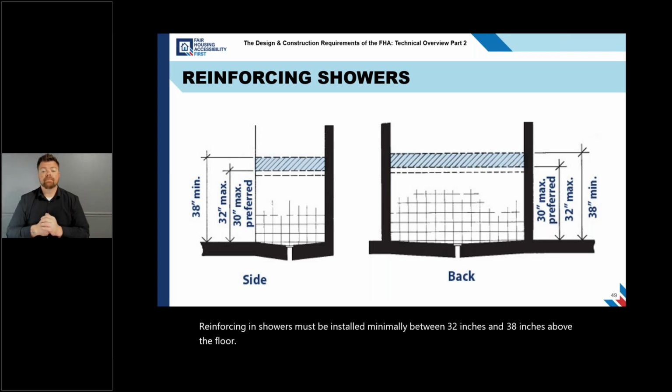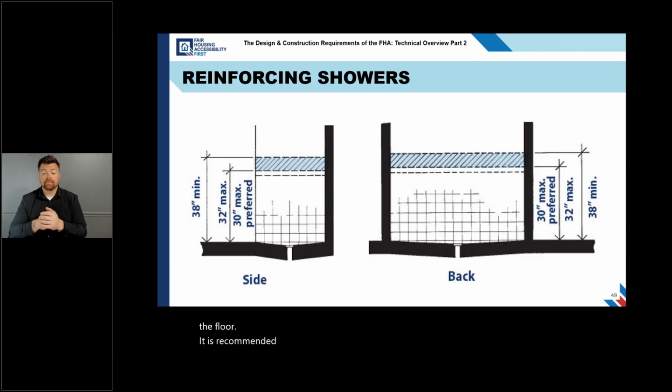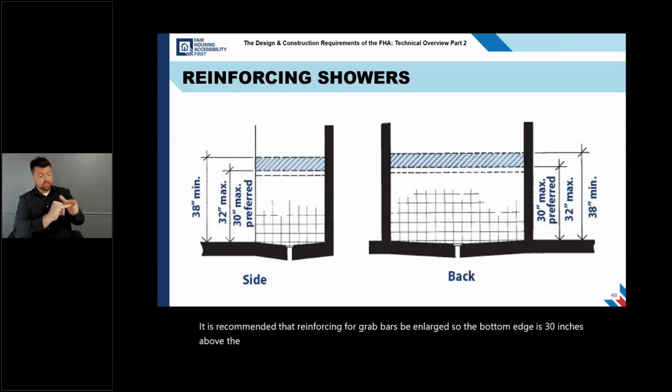It is recommended that reinforcing for grab bars be enlarged so the bottom edge is 30 inches above the floor and extends the full width of both side walls and the back wall.